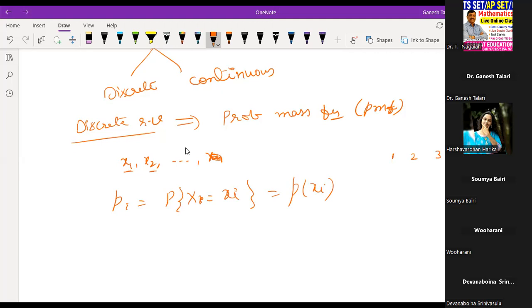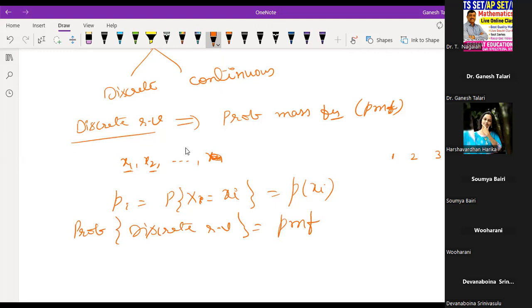We can say the probabilistic nature of a discrete random variable is your probability mass function.